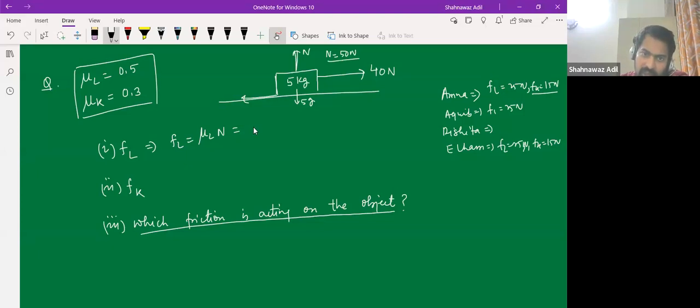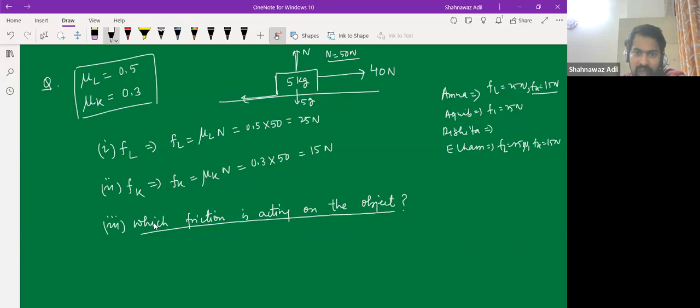So 0.5 into 50, so this is 25 Newton. Okay, so everybody is correct. And then Fk. Fk is mu k times N, so mu k is 0.3 into 50. So this is 15 Newton.